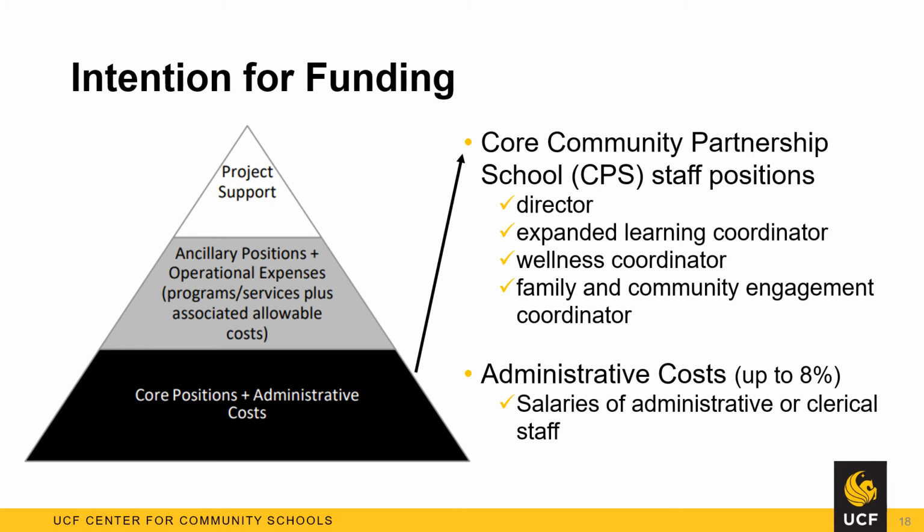They can also cover finance staff and HR staff if you are utilizing them to hire people, for payroll, for budgeting, anybody responsible in helping the community partnership school maintain itself. Those can also be included in the administrative costs section.